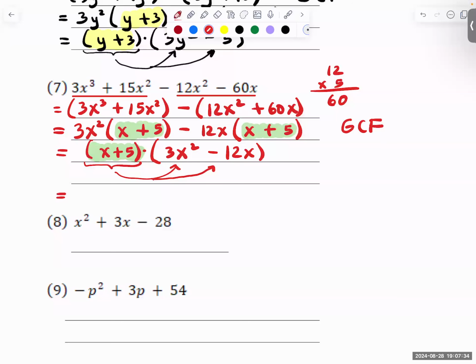So we have x plus 5 times factoring out the 3x times x, and 3 times 4 is 12, and x minus 4 is prime. So commonly, the final answer will have the single factors 3x on the left, and then binomial factors following, x plus 5 times x minus 4.